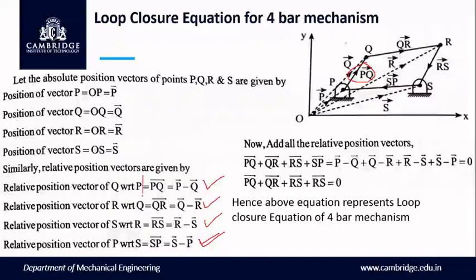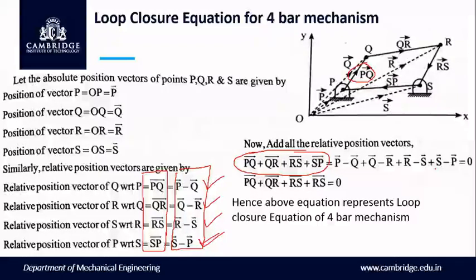If we add the left hand side entities, we get PQ plus QR plus RS plus SP. Similarly, if we add the right hand side entities, we have vector P minus vector Q plus vector Q minus vector R plus vector R minus vector S plus vector S minus vector P.